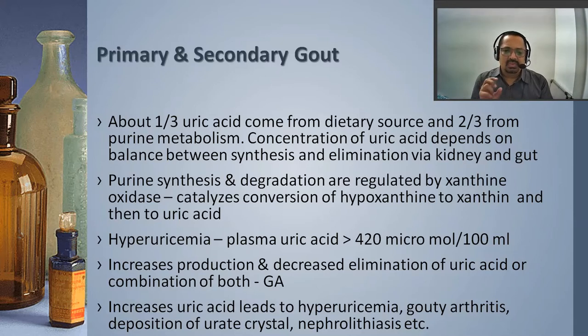If the uric acid concentration in the plasma is found more than 420, then it is called a hyperuricemic condition. Increased production and decreased elimination of uric acid, that is an imbalance between synthesis and elimination, in either one or a combination of both, leads to gouty arthritis. Increased uric acid in the body leads to hyperuricemia, gouty arthritis, deposition of urate crystals, and nephrolithiasis.